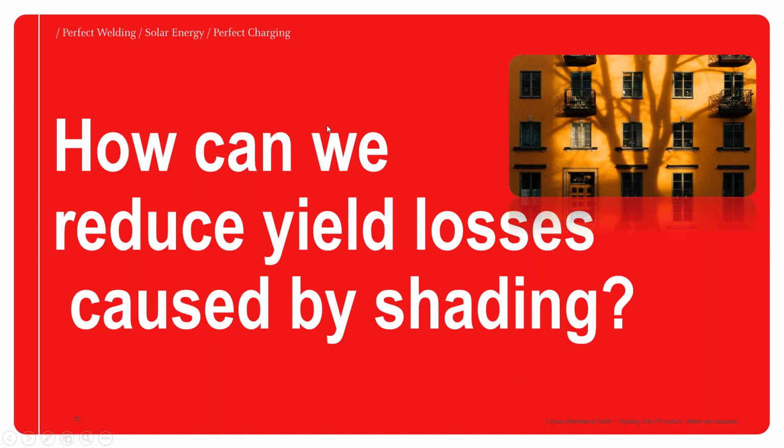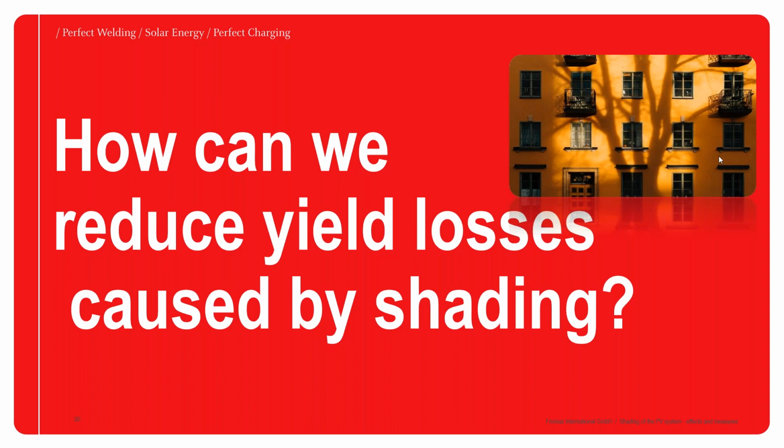Okay, so thank you very much, Cyprian, for the first very nice part of the webinar. I'll be taking you now through the solutions that are possible to mitigate the yield losses caused by shading. My colleague has already spoken about the use of bypass diodes, and from the poll that has just been launched, we've seen that quite a number of installers have some experience with shading.